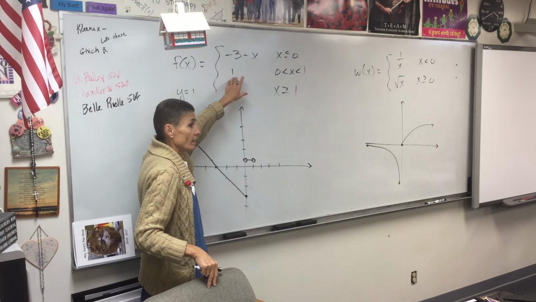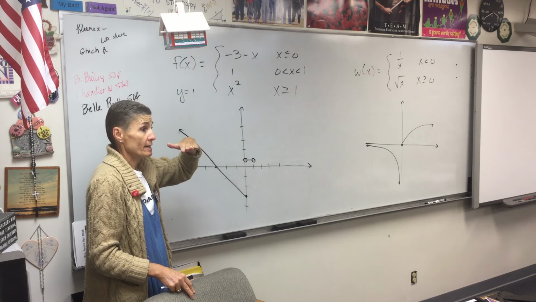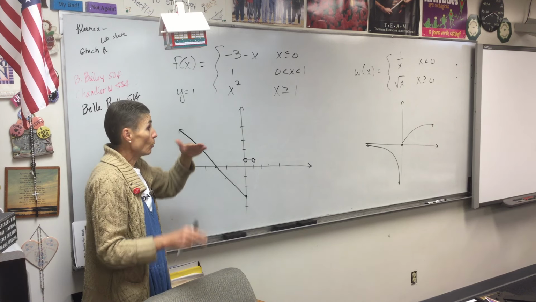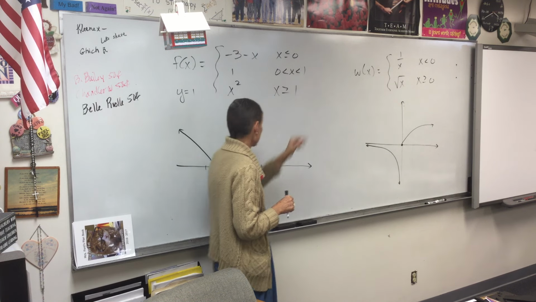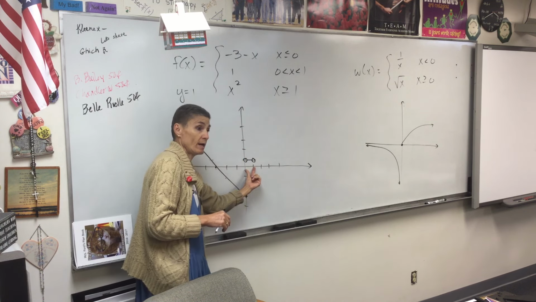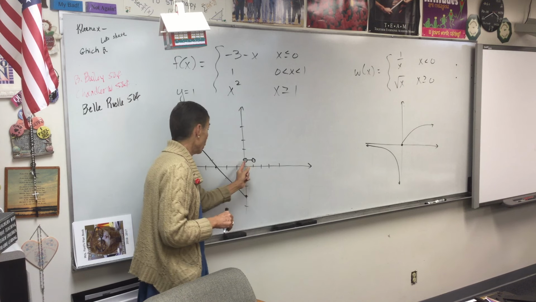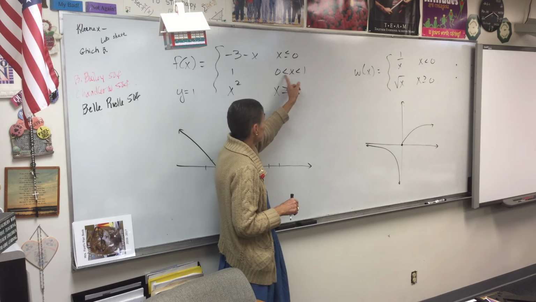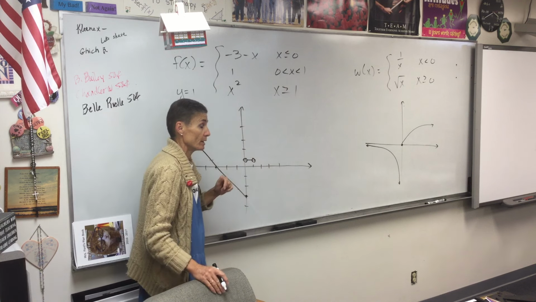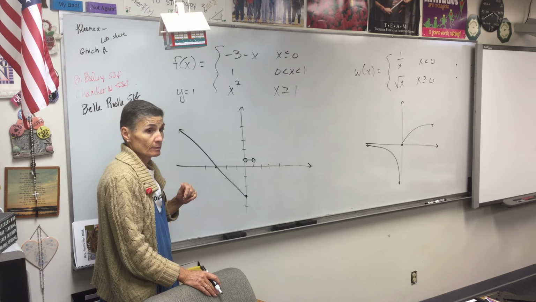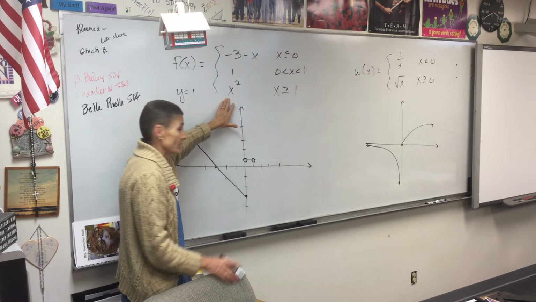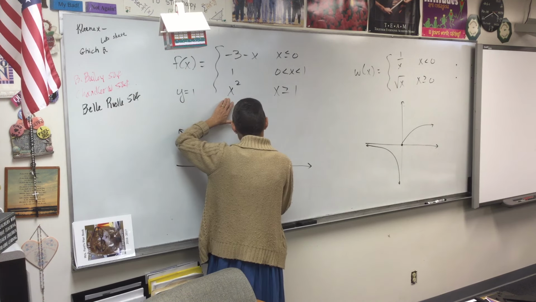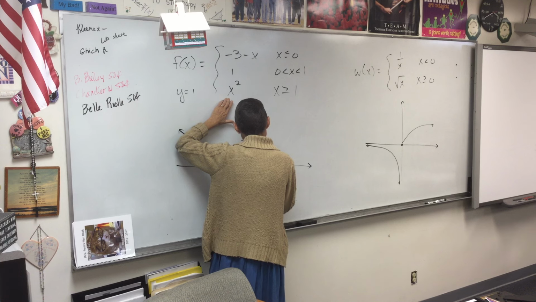Y equals 1 is a horizontal line. You don't want the whole line, you only want the part of it that has x values between 0 and 1. Open on both ends because neither of those is included. Right? And then what's that? That's a parabola, and you can plot points if you want.